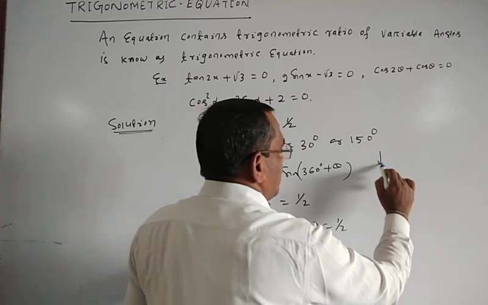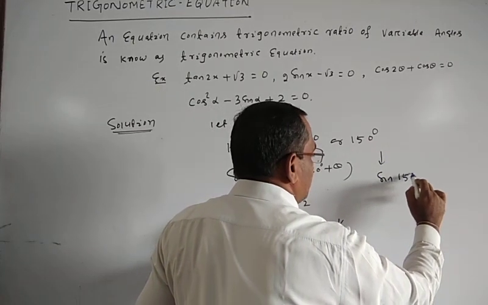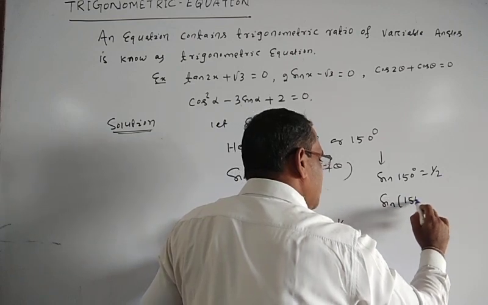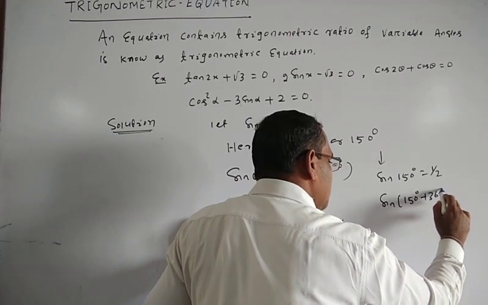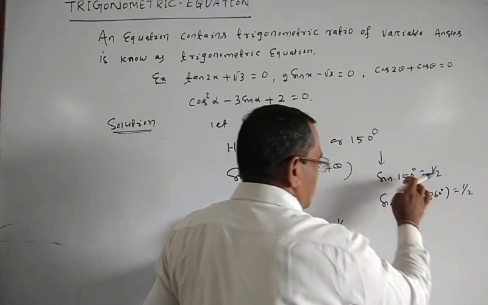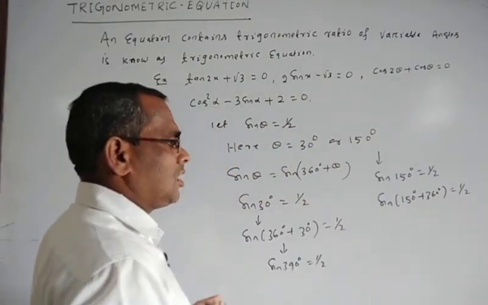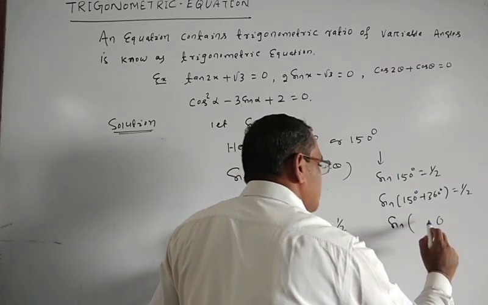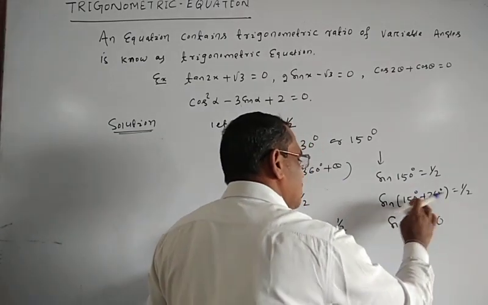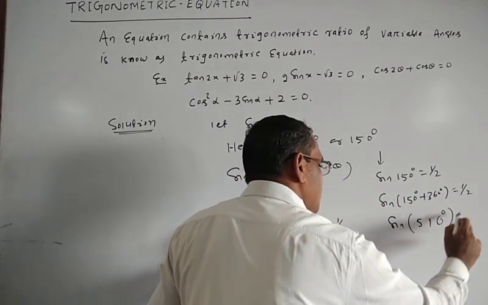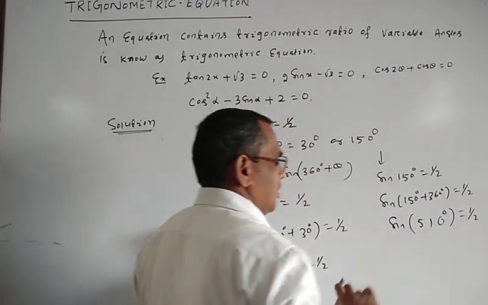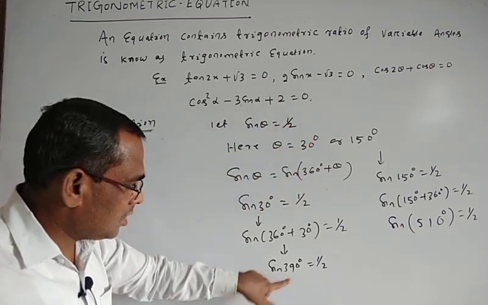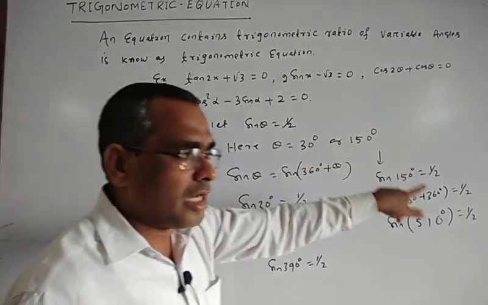Here also, sin 150 degree is equal to 1 by 2. Sin of 150 degree plus 360 degree, this is also 1 by 2, because sin theta is equal to sin of 360 plus theta. So sin 510 is also 1 by 2. So theta is equal to 30 degree, 150 degree, 390 degree, 510 degree.